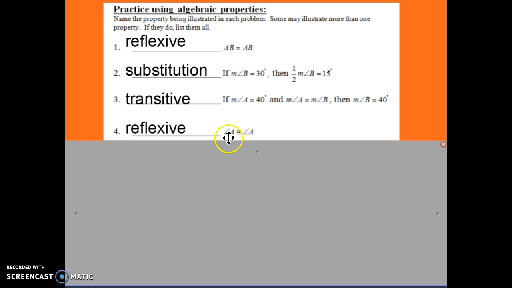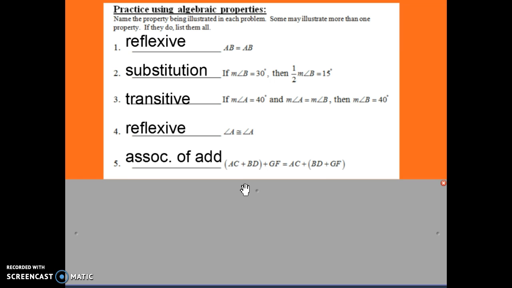So we have angle A is congruent to angle A. The difference between reflexive and symmetric is reflexive is you're literally talking about the exact same thing being congruent to itself. Symmetric, you're talking about two things being congruent and realizing that you could flip it and they'd still be congruent. So because this is the A and the A, it's just reflexive.